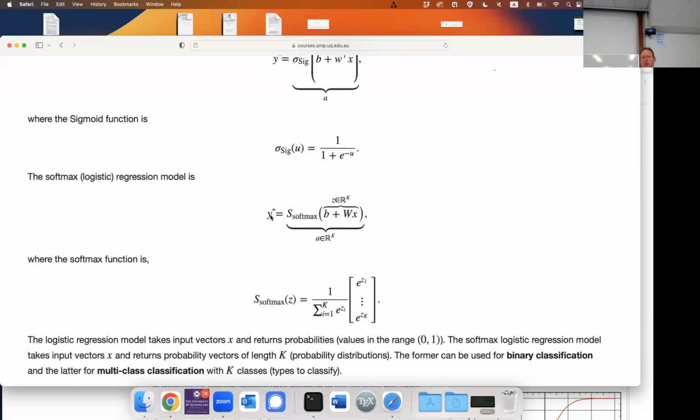So let's first of all see how this model works. You take your image, your 784 dimensional vector, X. Okay, that's your image. You multiply it by matrix W. In our case, this matrix is going to be of dimension 10 by 784.